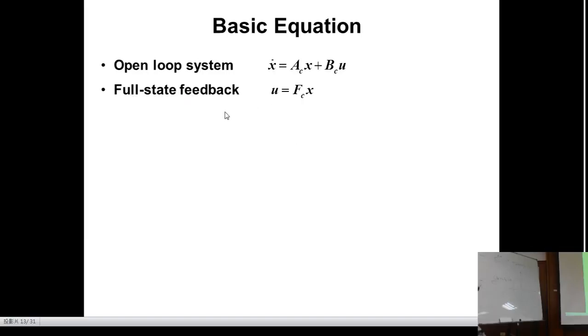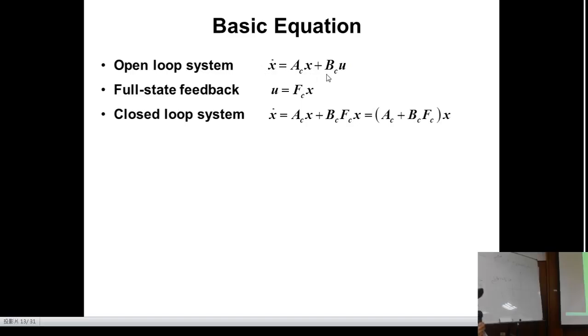So for full state feedback, that's the open loop system. My closed loop system becomes this, right? x dot equals A_C x plus B_C u. u is F_C x, so B_C F_C x, equals (A_C plus B_C F_C) x. So this is my closed loop system. This is my open loop system.